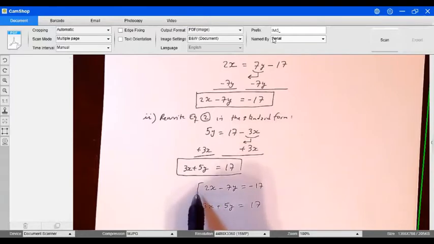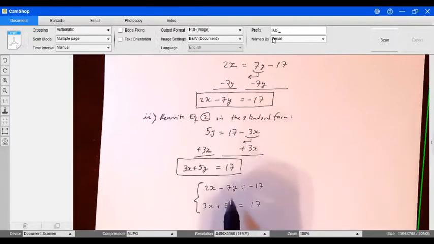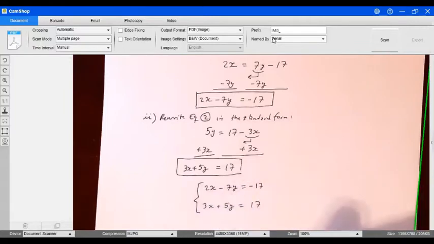So you multiply the first equation by 3, the second equation by 2, then you switch signs, and then you get opposite coefficients. Or you can do also the same thing with y. You have 5 here, so you multiply the first equation by 5. You have 7 here, you multiply the second equation by 7 and look for having opposite signs.